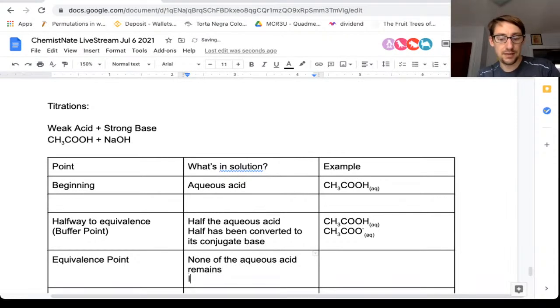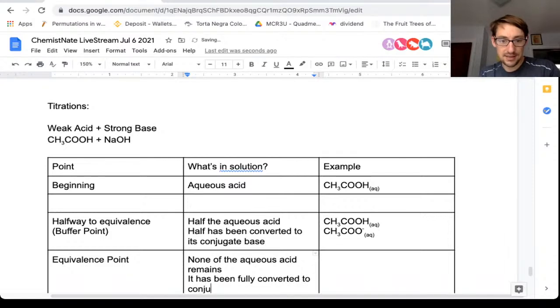It has been fully converted to its conjugate base. So you can consider the solution to only contain CH3COO minus.